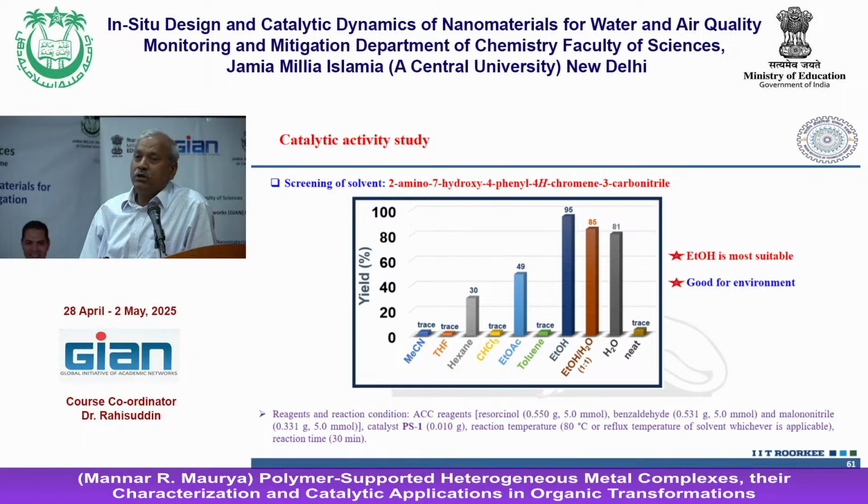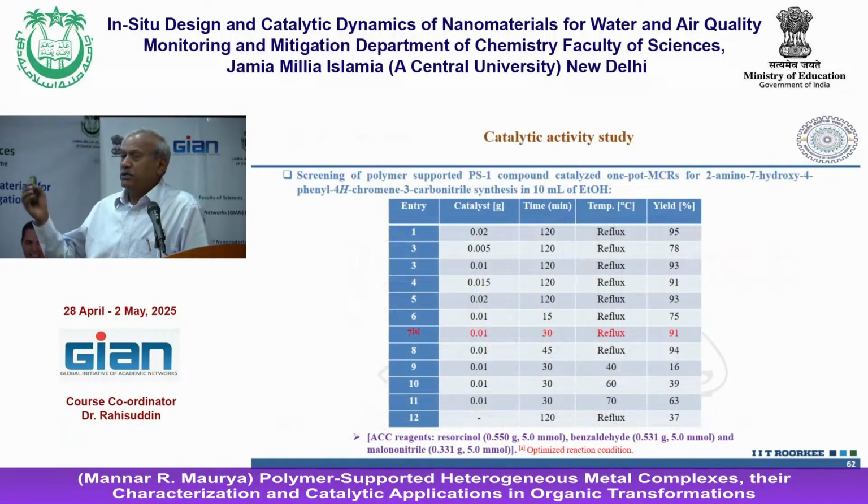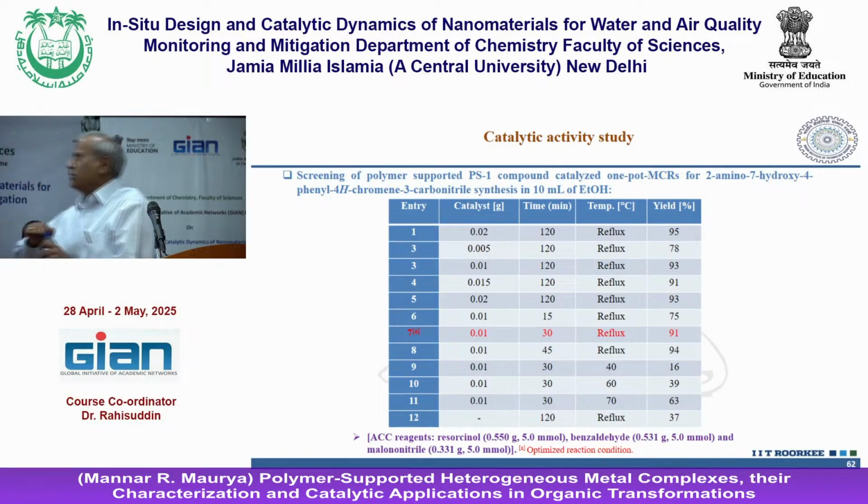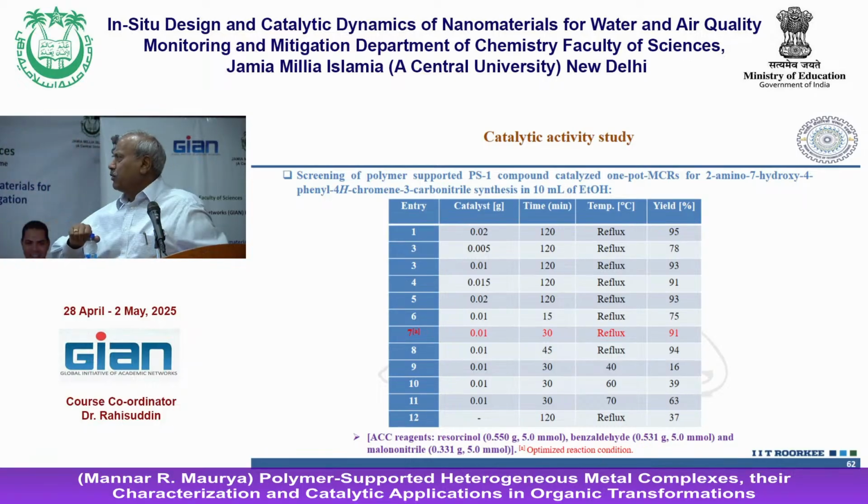Some reactions were in water, and some even without solvent we can go for. Using simple ethanol, we then optimized all other reaction conditions like catalyst amount, time, how much time it takes, whether it uses reflux temperature or other temperature, and yield.